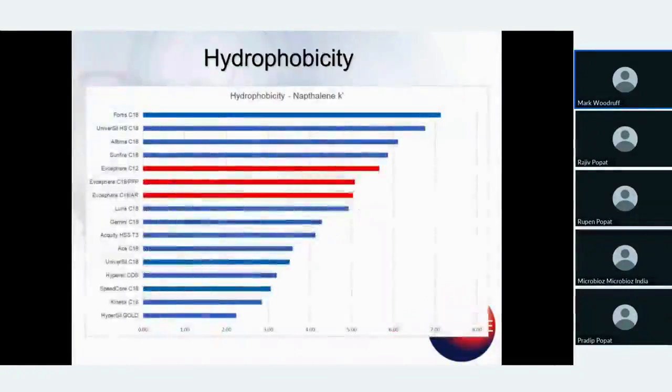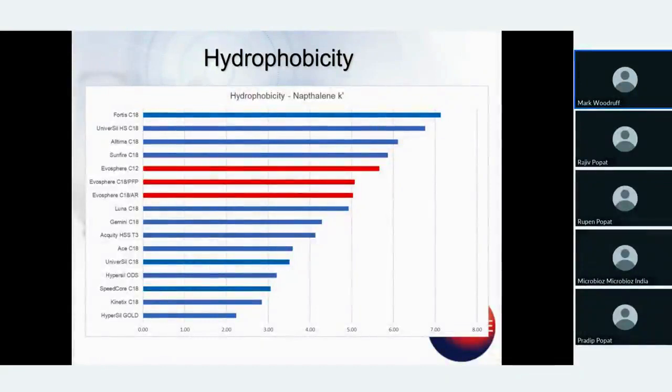In terms of hydrophobicity, how do these phases sit? So this is a graph of many of the most popular C18s on the marketplace. There is a combination of some of the core shell materials, so speed core C18 is a core shell, some very old ODS stationary phases, so the HPLC ODS stationary phase is probably 25-30 years old, but you can see in general that there's a vast spread of the hydrophobicity, even though all of these phases are classed as C18 columns.